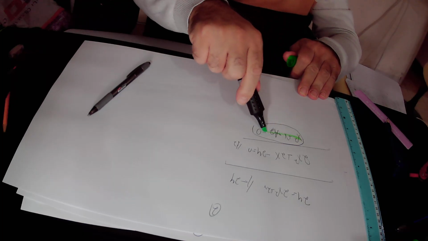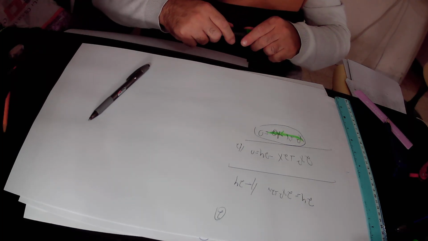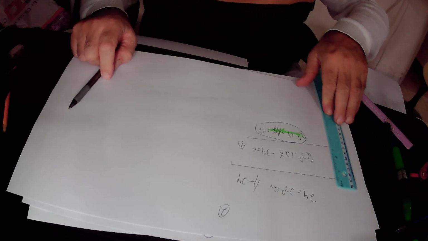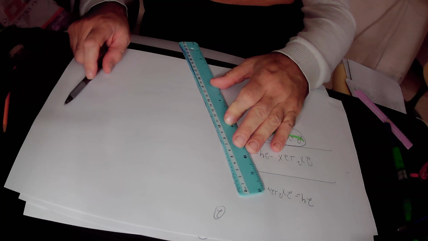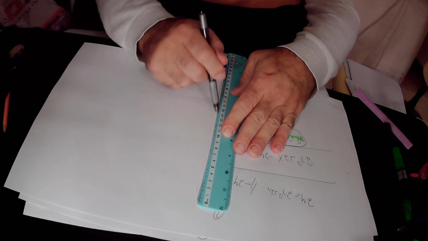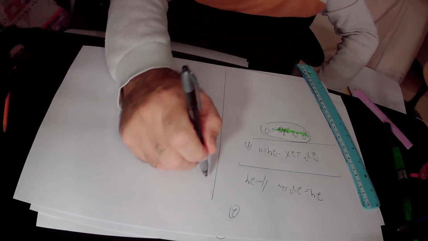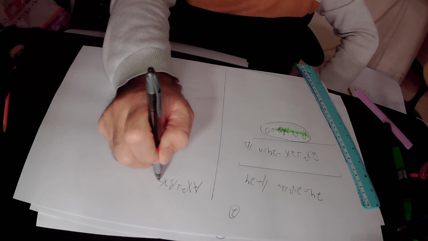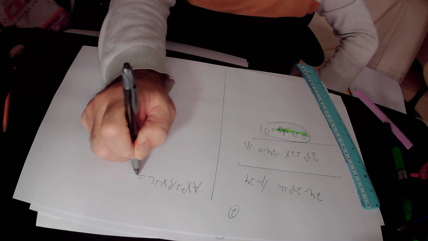So actually this is a quadratic equation, and the general formula for a quadratic equation is as follows: ax squared plus bx plus c equals 0.